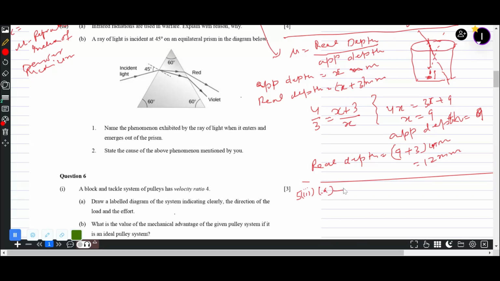Third, A. Infrared is used for warfare because it is easier to transmit across. It does not get absorbed by the medium.